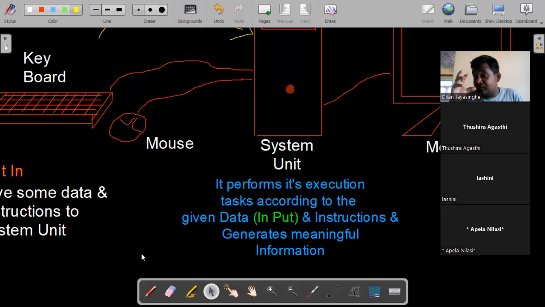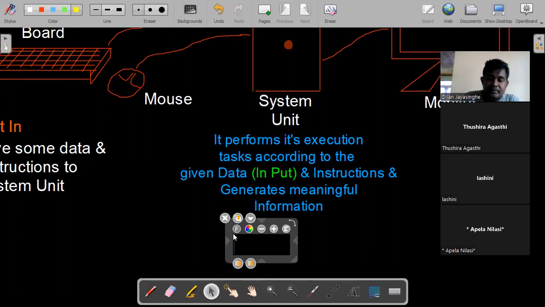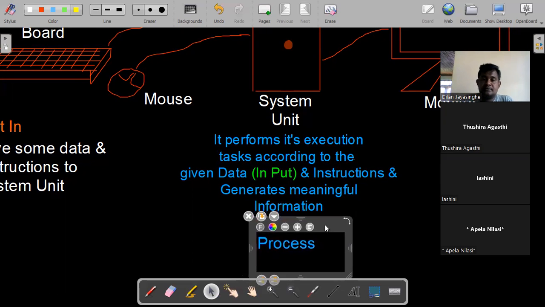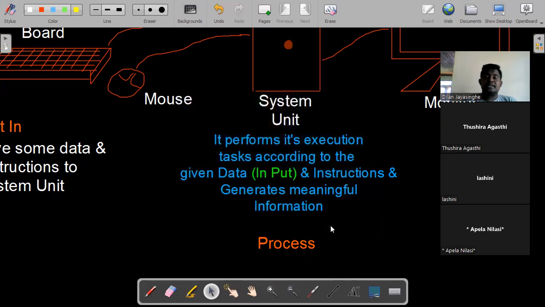Performing the execution task according to the data and instructions means some sort of process. Some activity takes place inside this. Process.